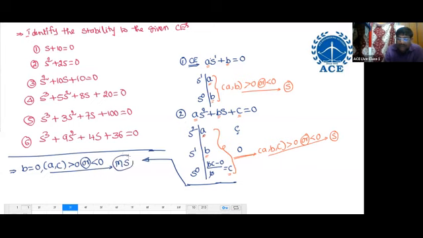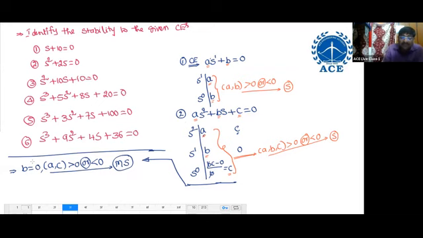MS means marginally stable. If B equal to 0, and A, C greater than 0 or less than 0, then the given system is marginally stable.